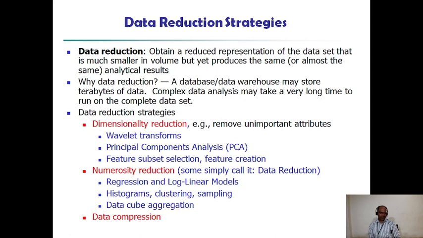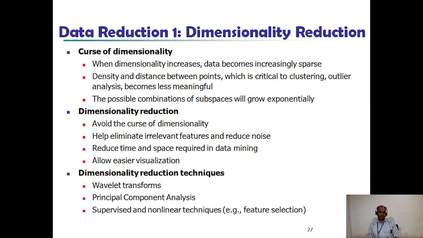Dimensionality reduction means we will reduce the dimensions of the data of interest. Means we will remove unimportant attributes, and only consider important attributes. For this we have different techniques available, like wavelet transforms, principal component analysis, feature subset selection, feature creation, etc. Next, we also have numerosity reduction techniques: regression and log-linear models, histograms, clustering, sampling, data cube aggregation, etc. And we have some data compression techniques.